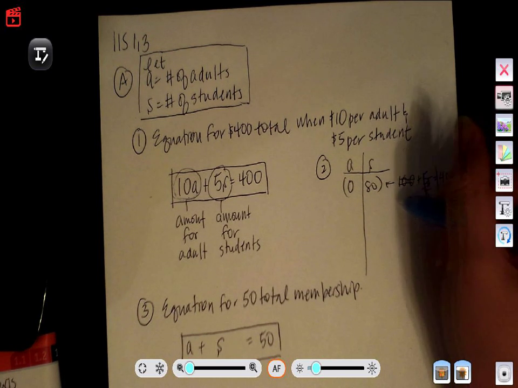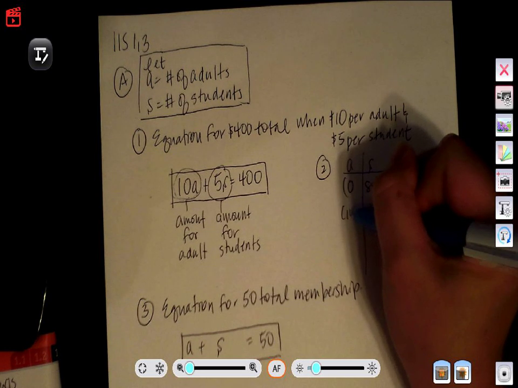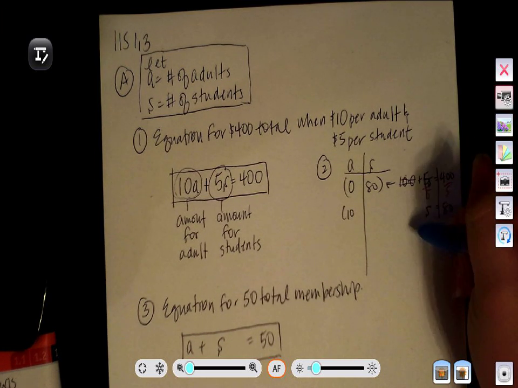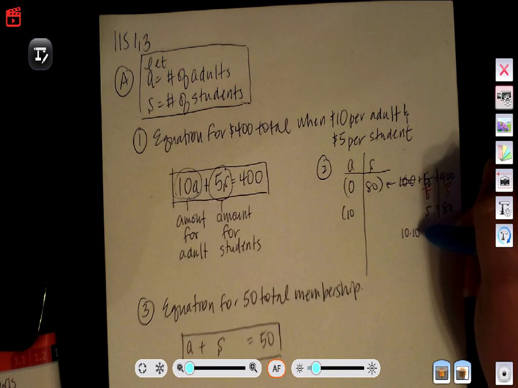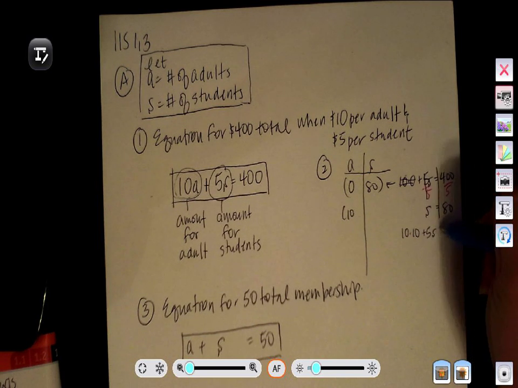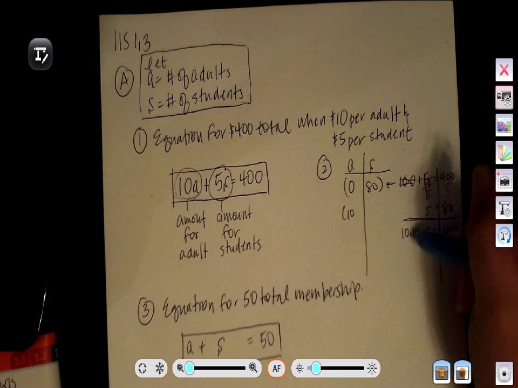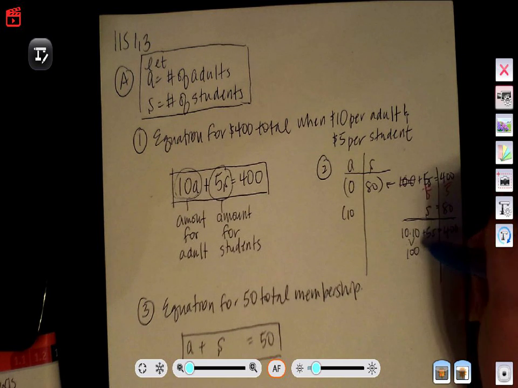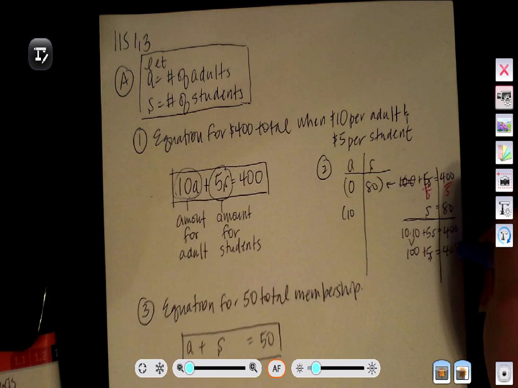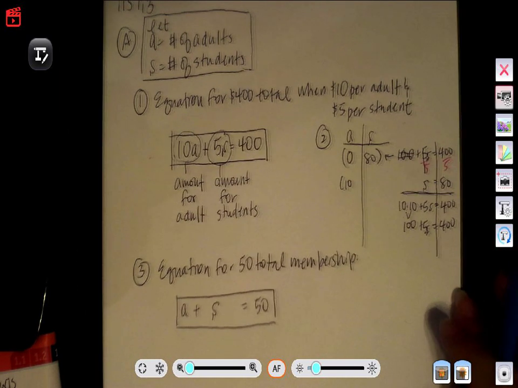If I had 10 adults, that means $10 per person for 10 adults plus 5S is equal to 400. So you're again solving pouches and coins here, saying that so far you spent $100 on adults. Simplify the equation first.